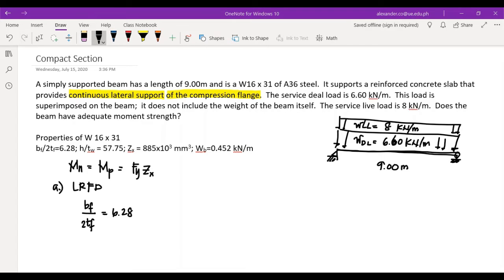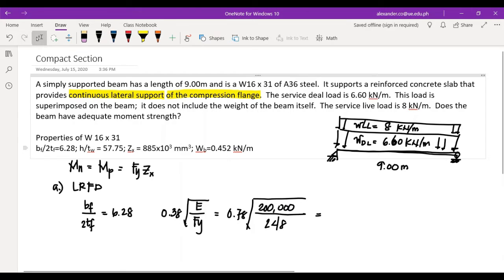Iko-compare natin siya sa 0.38 times the square root of E over Fy. Ano yung E? Well, 200,000 palagi, di ba, pag steel? 200,000 megapascal. Tapos yung Fy is 248.